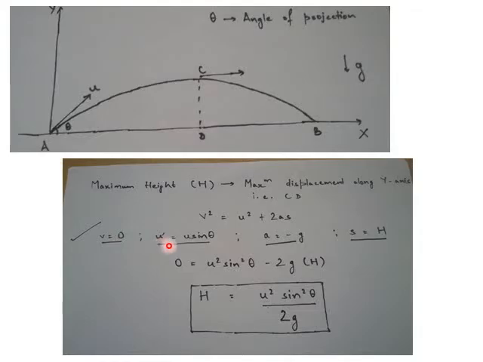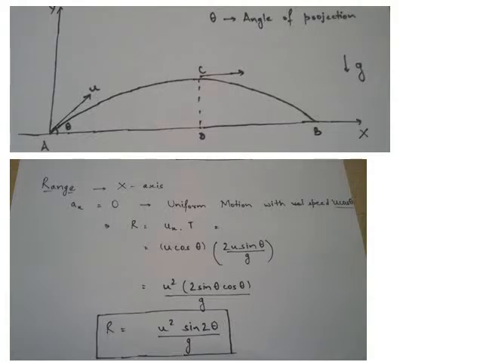The initial component of velocity along y-axis is u sin theta. Acceleration on the y-axis throughout is minus g. Displacement can be written as capital H, which is the maximum height. Putting these values in equation, we get 0 equal to u square sin square theta minus 2gH. Substituting, we get the value of maximum height achieved by the projectile equal to u square sin square theta upon 2g.